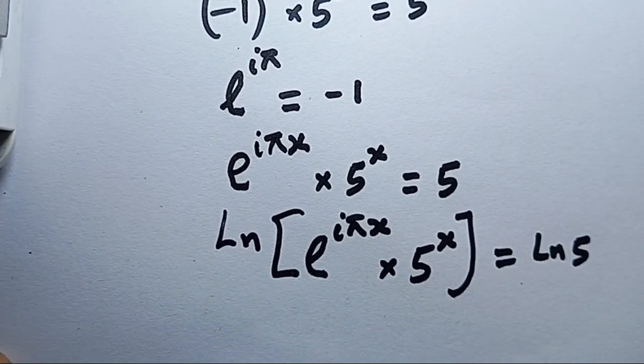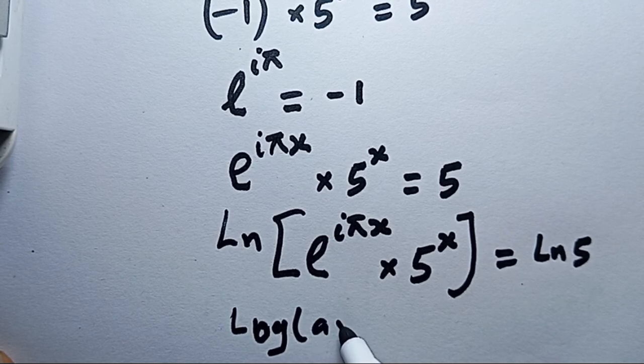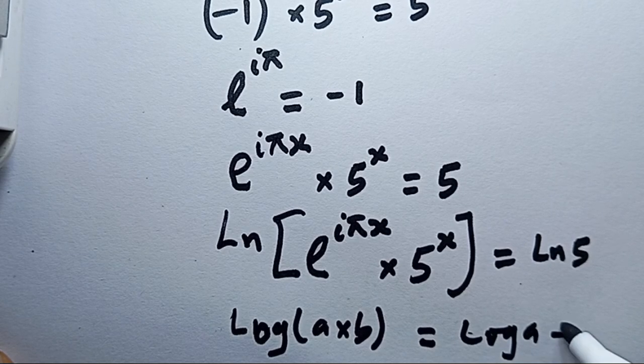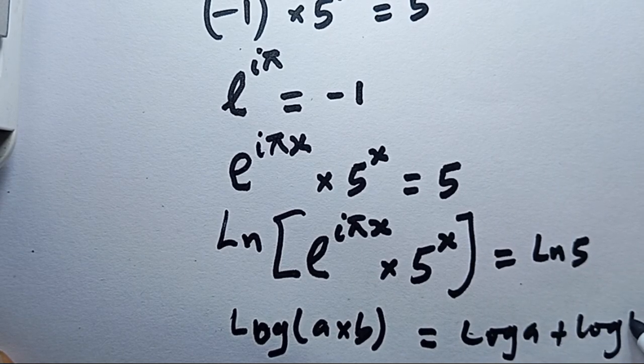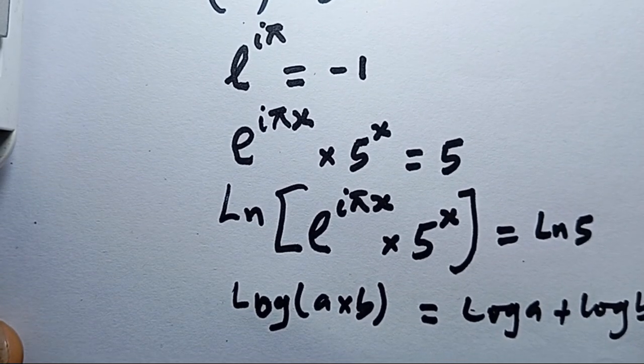Okay, so moving on, I'm actually going to be using one of the properties of logarithm, which of course says that if we have log a multiplied by b, you can actually expand this as log a and then plus log b. So when you have a multiplication, you expand it as plus.